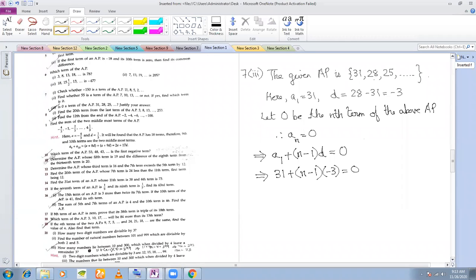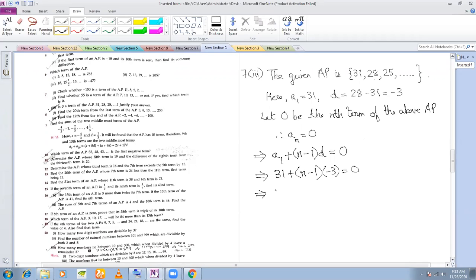If we get n as a natural number, then we can say that 0 is a term. But if n is a fraction, then we cannot say. Even if n is negative, we cannot say. n has to be a positive integer, not a fraction, not a negative number.